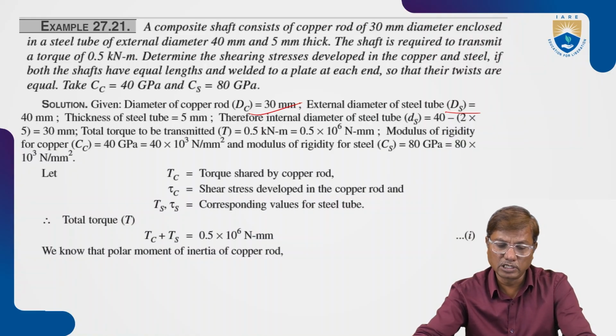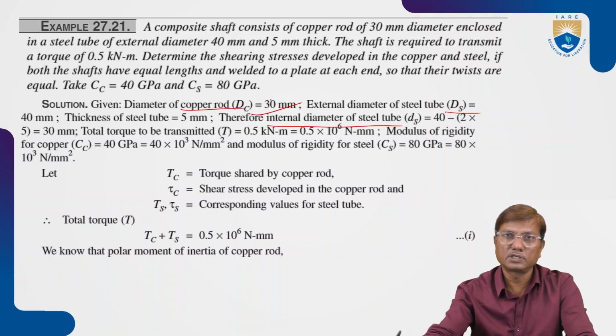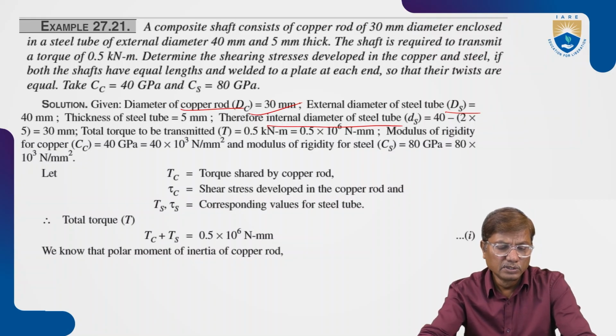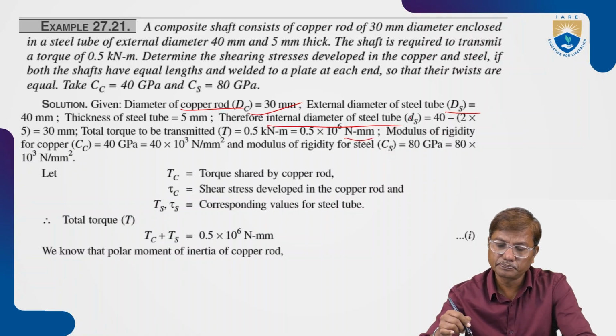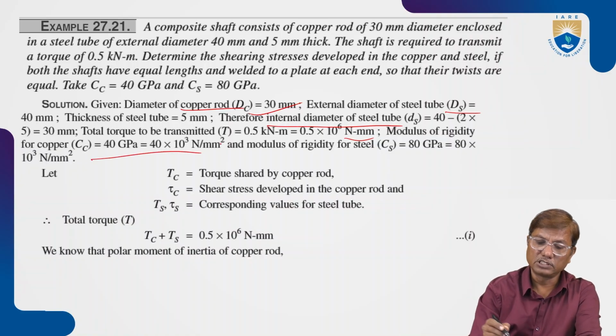So, internal diameter is 30 mm. Internal diameter of steel tube is 30, and diameter of copper rod which is enclosed in it is 30 mm. So, torque transmitted is given 0.5 into 10 power 6 Newton millimeters. It is given as 0.5 kilonewton meters. And modulus of rigidity is given.